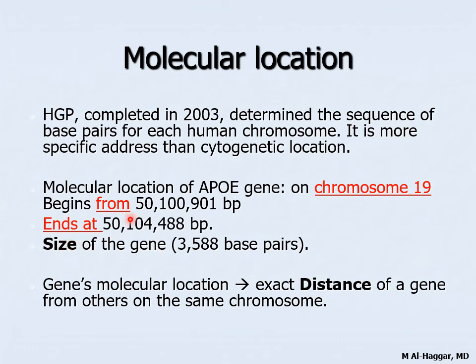The difference between these two numbers represents 3,588 base pairs, and this is the actual size of the gene itself. So the distance from the start to the end is the size of the gene. So this method is very accurate because it is based on the bases of each gene on the chromosomes.